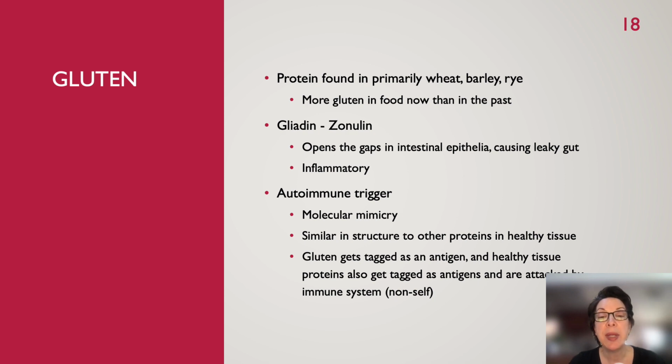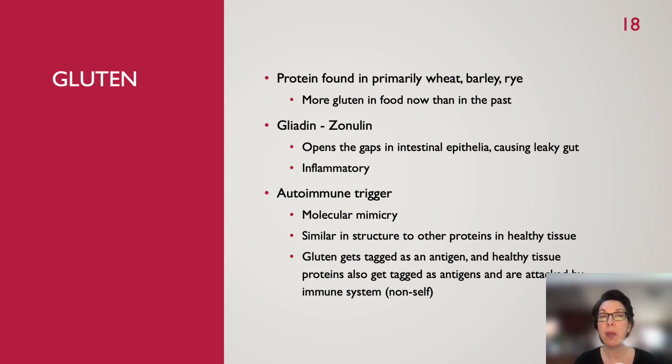Gliadin is a breakdown protein that comes from gluten, and it forms a compound called zonulin, which opens the gaps in the intestinal epithelia, which causes leaky gut. And it's said that zonulin is really the key that opens these gaps.